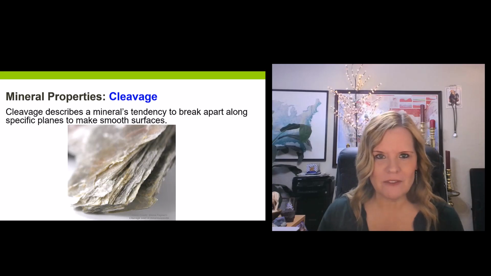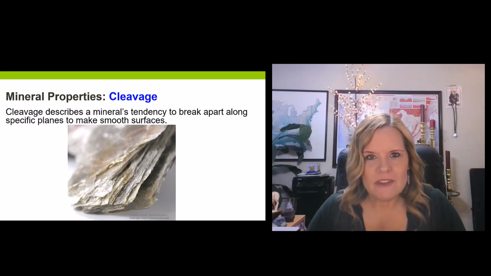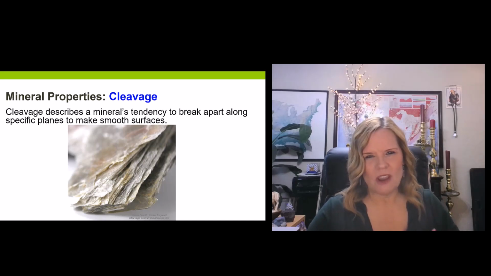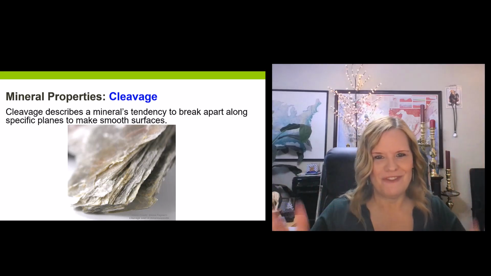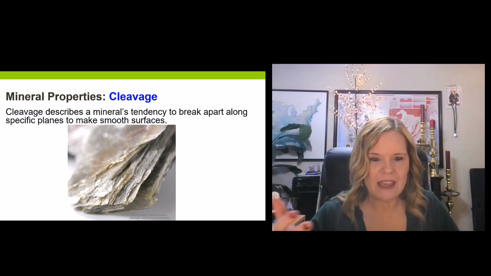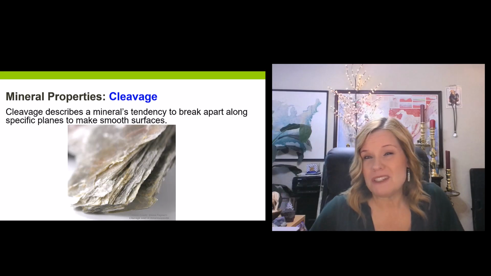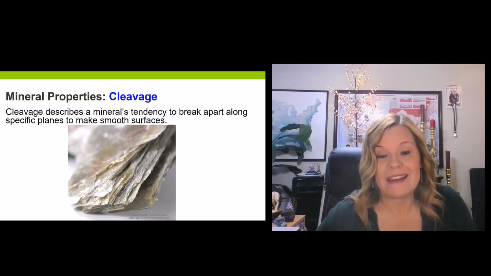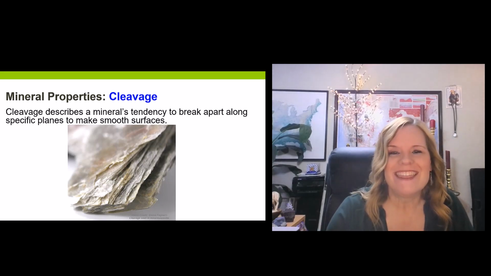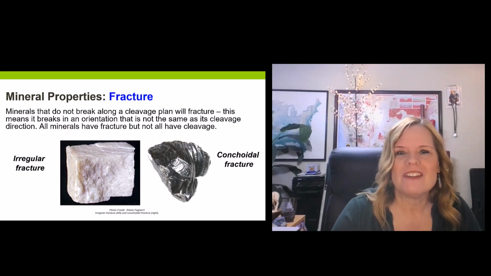There's a variety of different types of cleavage descriptions we can apply to a mineral, but in this course we're just trying to tell the difference between cleavage and fracture. This is a piece of muscovite, known as mica, and you can see that it peels apart almost into laminate layers. It makes really, really thin layers, and that would be perfect cleavage.